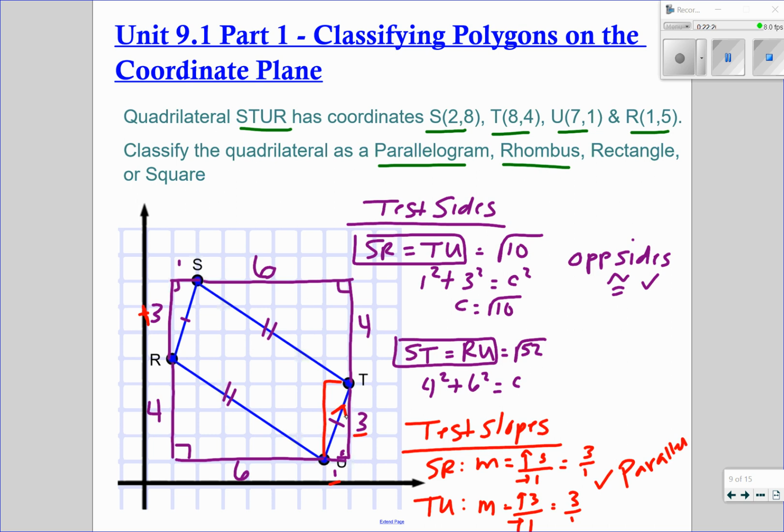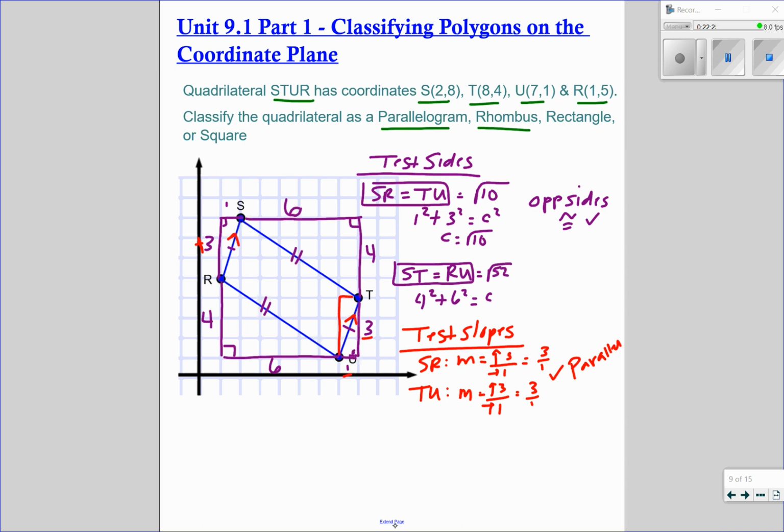And I can go ahead and mark that on my diagram. I'm going to extend down here just a quick second, but we're now going to test our other sides. So let's test side ST. Remember, slope is rise over run, so my slope is going to be a rise of 4, or simply going down 4, and then running 6. So our slope here is negative 4 over 6.